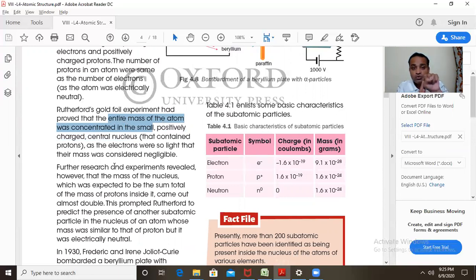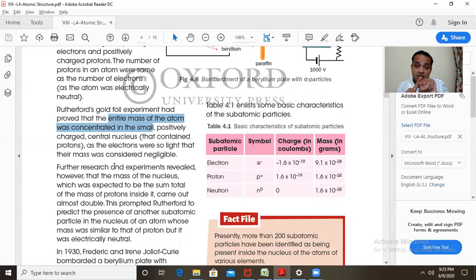For another element, they thought there were 10 protons present, so the mass would be 10 units. But it was found that the mass is 20 units, double every time. When they carried out the experiment, they knew this atom consists of 20 protons, but the mass was double, 40.